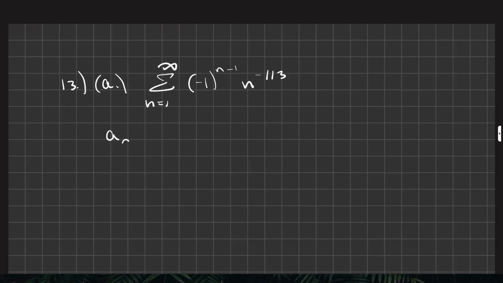So we have 13, A. Let's look at the series from n equals 1 to infinity of -1 to the n minus 1, n to the -1/3. Let a sub n be -1 to the n minus 1, n to the -1/3, and let's pick b sub n to be just n to the -1/3.